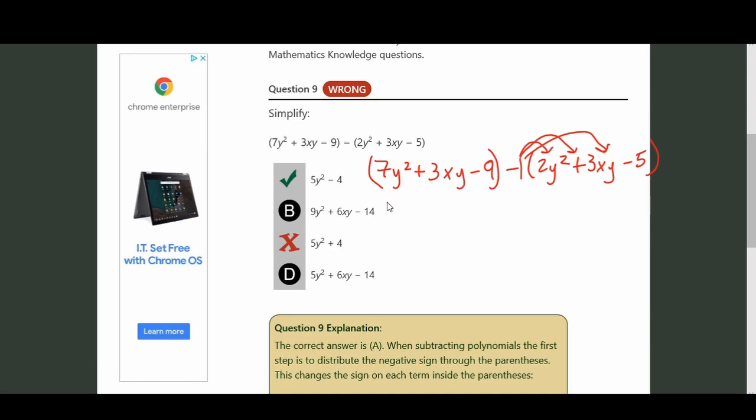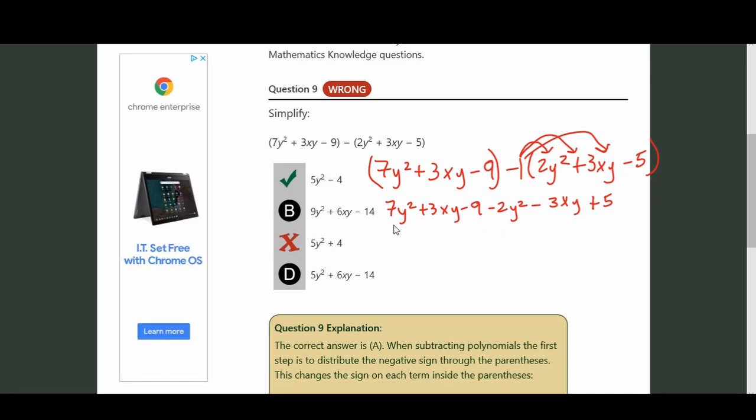So again, we're going to have 7y squared plus 3xy minus 9. Let's distribute this negative 1. Negative 1 times 2y squared is negative 2y squared minus 3xy. Again, negative 1 times 3xy is negative 3xy. Negative 1 times negative 5 is going to be positive 5. Negative times negative is positive.